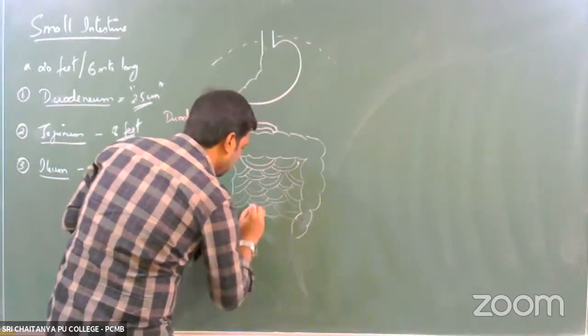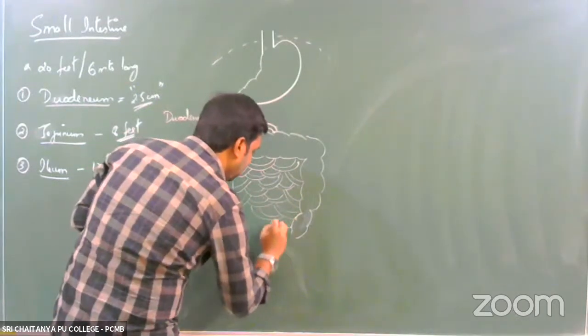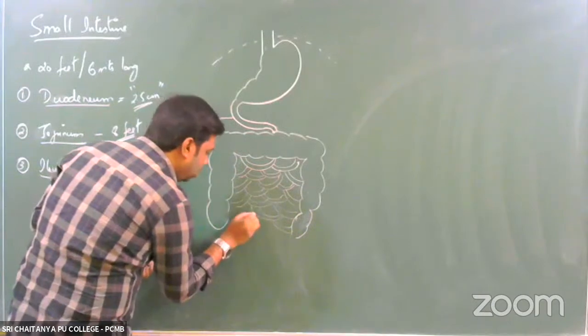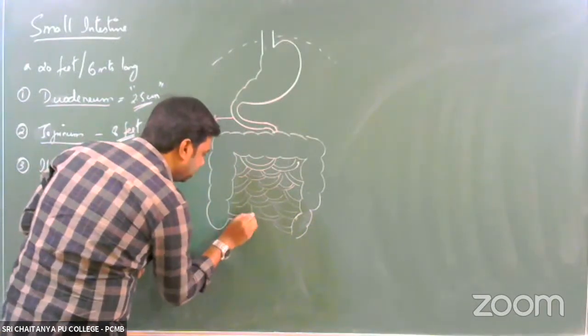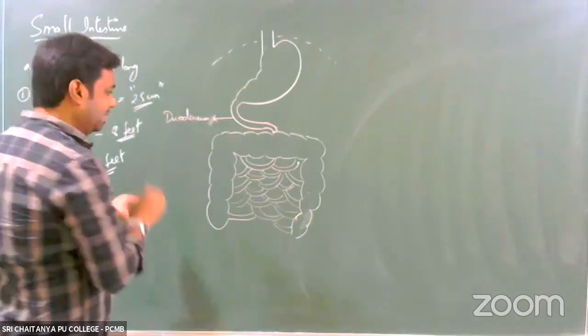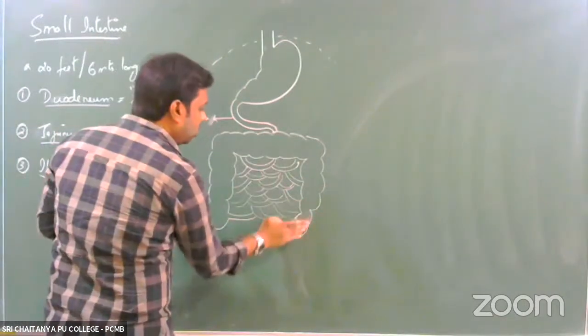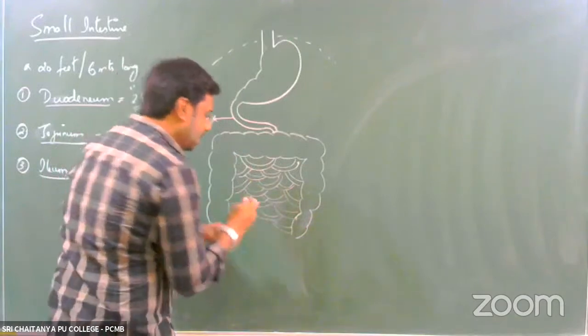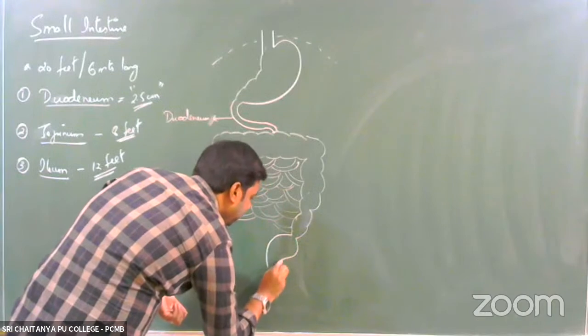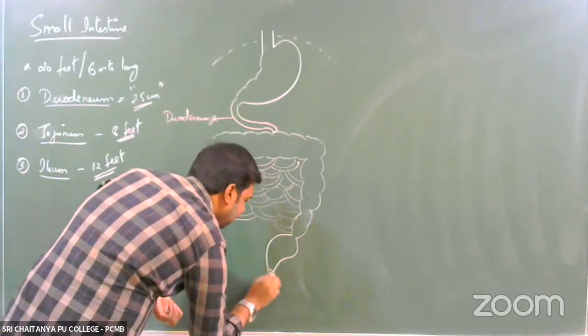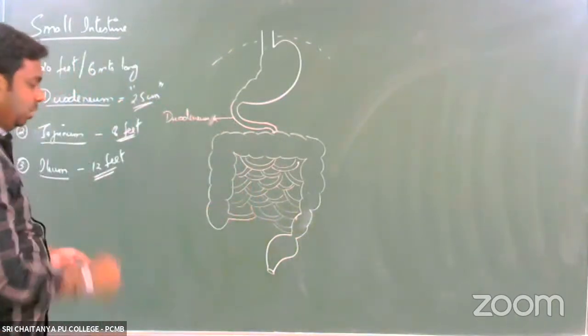Right, so it is a highly coiled structure, and this structure now opens up into the large intestine. This entire structure we have drawn here would be the large intestine, and this large intestine will now open up into this dilated structure, which we call the rectum, and that will open out through the anus.